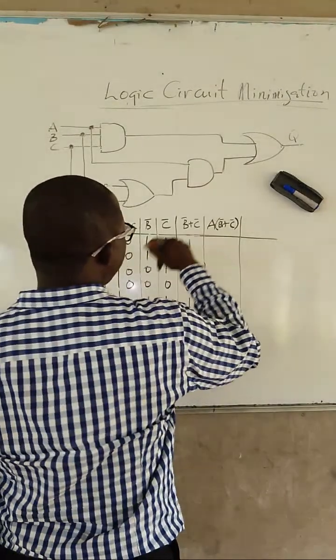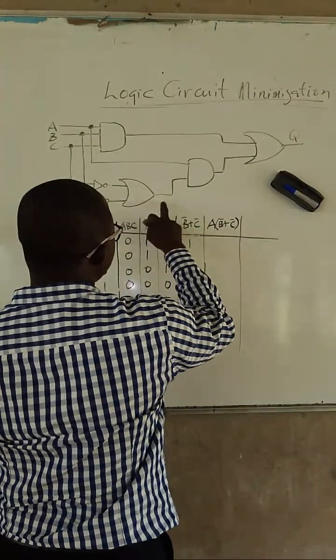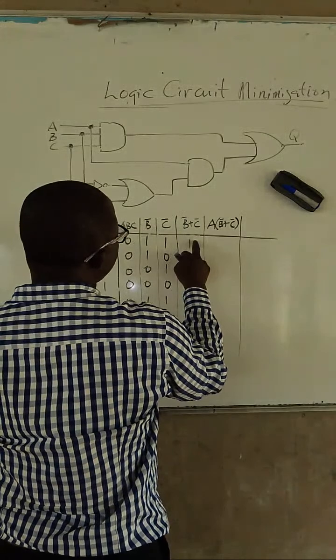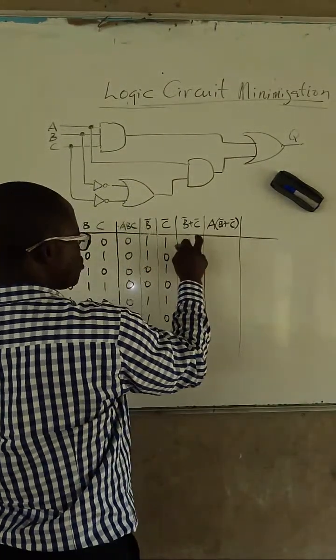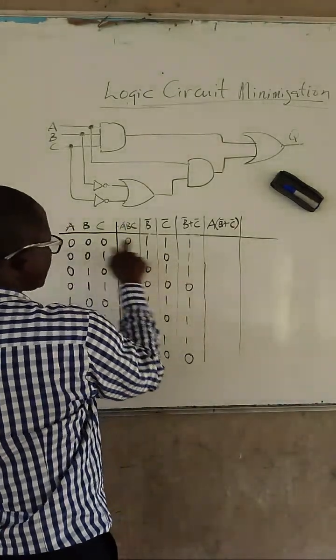Now, this final AND gate is having input from here and then input from A. So we're going to look at A and this column together to do an AND in this column. So this and this.